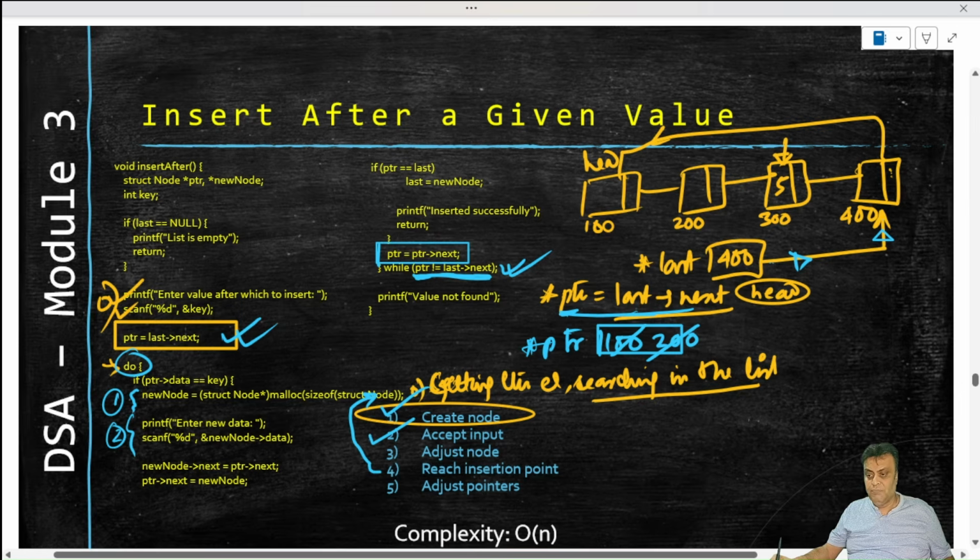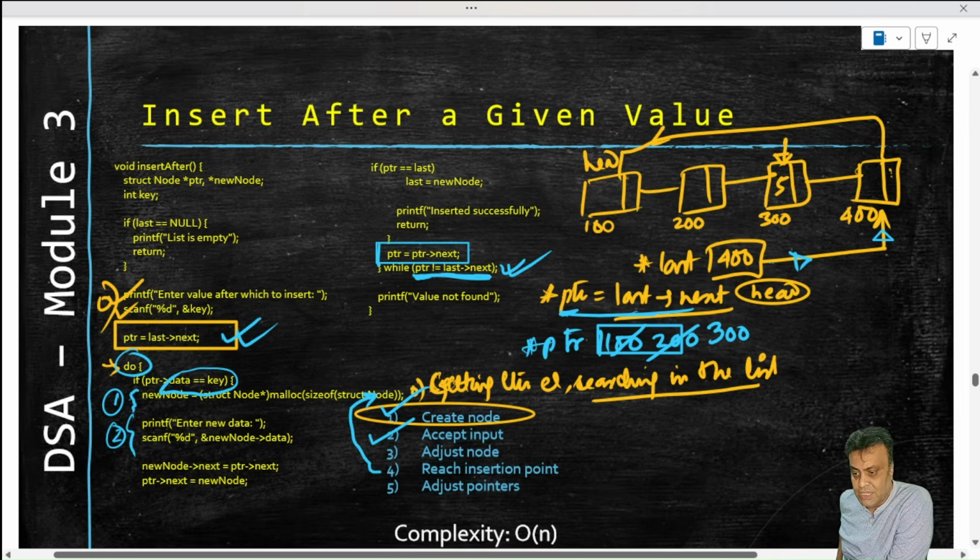So for us, our pointer now points to 300 because we were searching for 5. So if this was 5, it will come inside this if. So when the pointer is actually at 300, the value of this pointer is right now at 300.